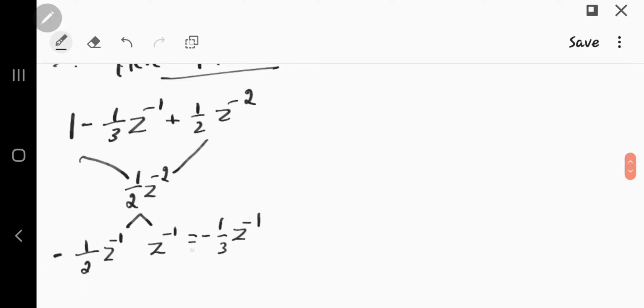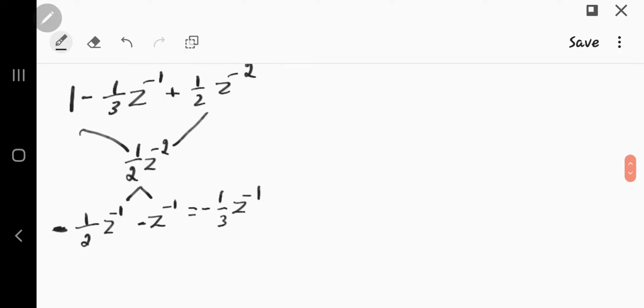But to get this term, I will add minus and minus for both of them. So minus into minus gets cancelled and gives the positive value, and if you add these two, you will get minus 1 by 3 z inverse.